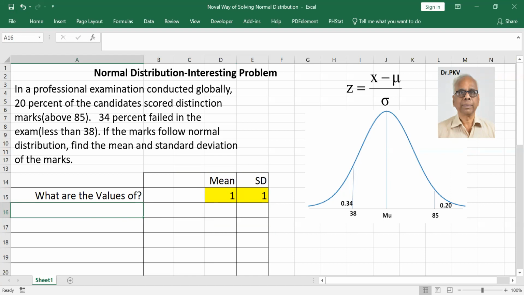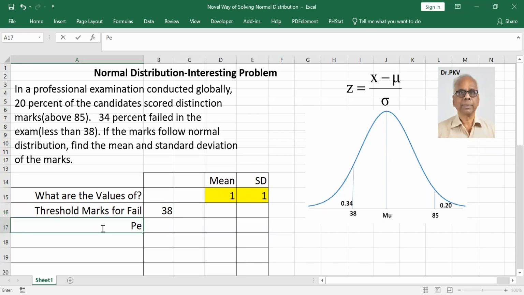Then I write here threshold marks for fail. I write here 38 marks and below is fail.